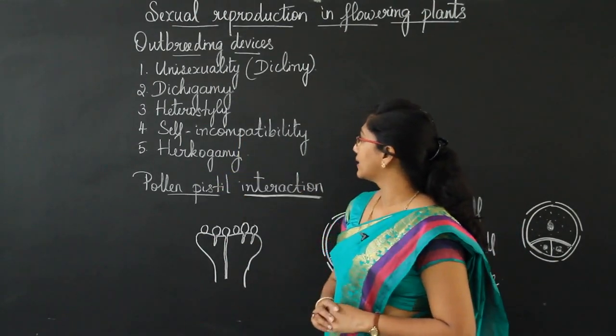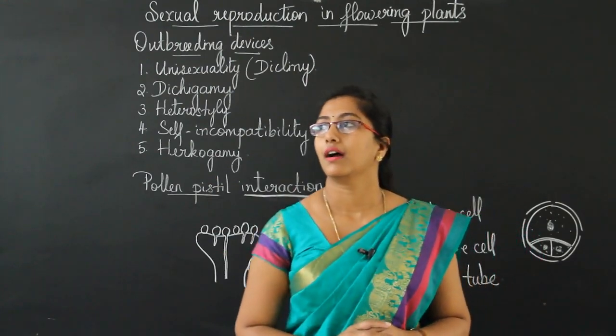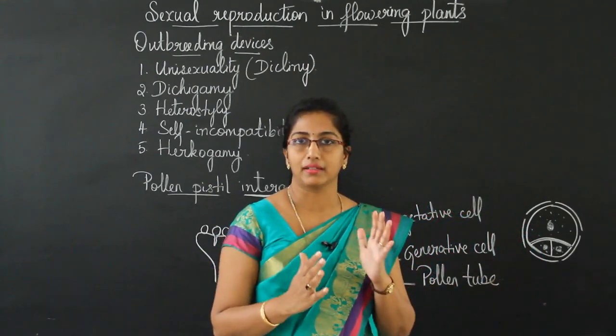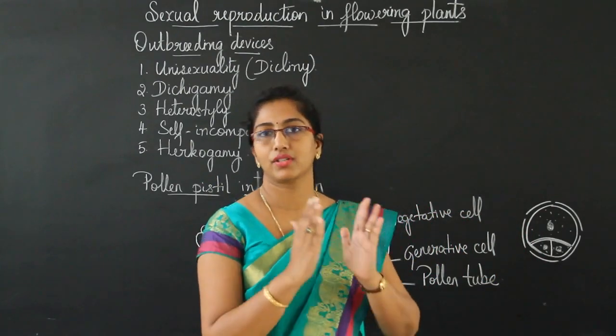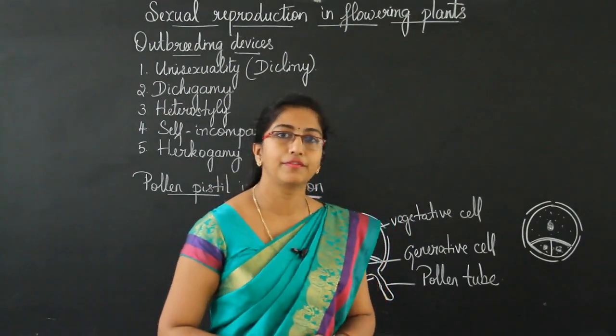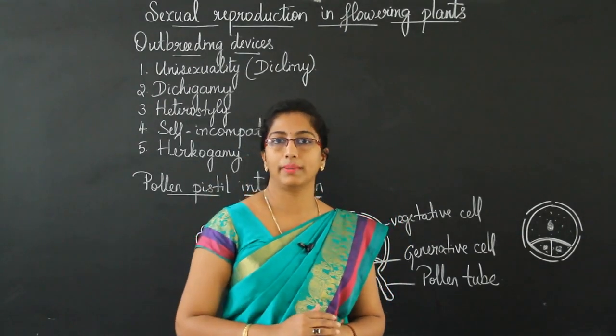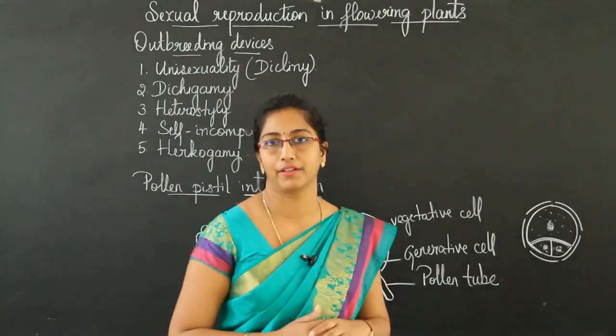And the last one is hercogamy. In hercogamy there are some barriers, some physical barrier present between the androecium and gynoecium, that is, between the stamens and the carpels. Some physical barrier will be there, by which autogamy can be prevented.